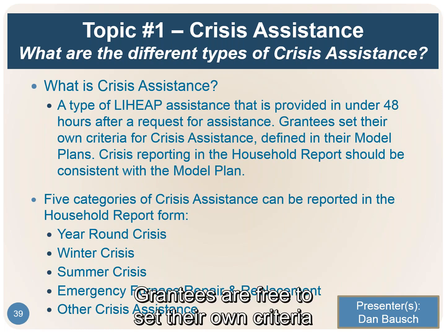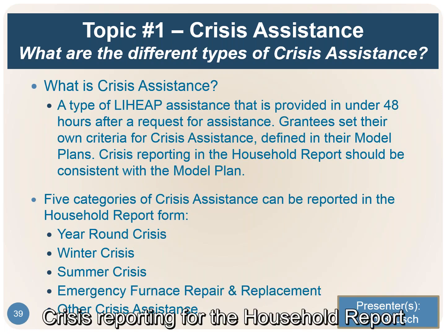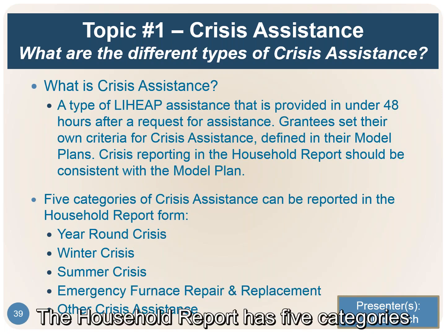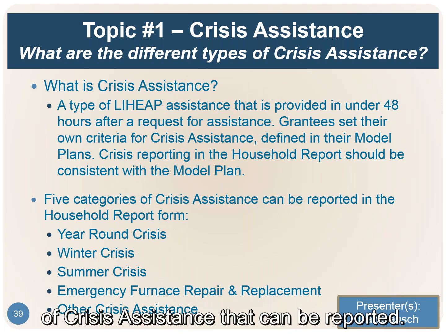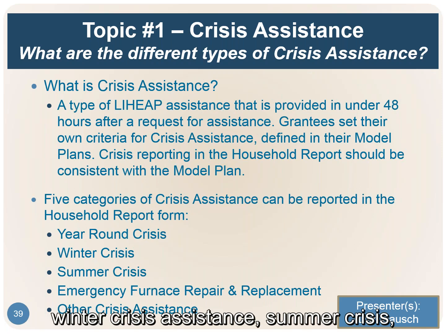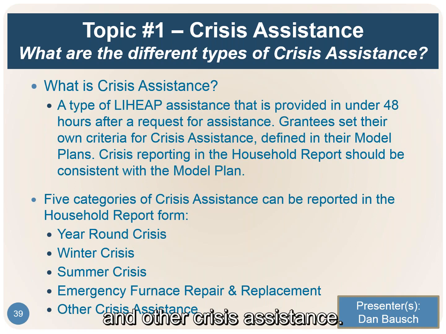Grantees are free to set their own criteria for crisis assistance and define that in their model plans. And crisis reporting for the household report should be consistent with what you put in your model plan. So the household report has 5 categories of crisis assistance that can be reported. There's year-round crisis assistance, winter crisis assistance, summer crisis, emergency furnace repair and replacement, and other crisis assistance. So we're going to talk about each of them.